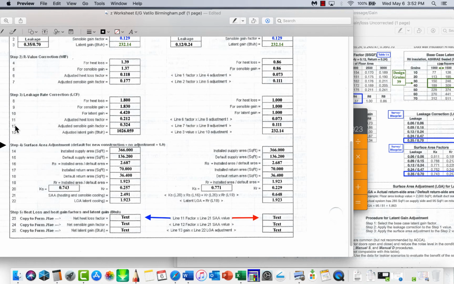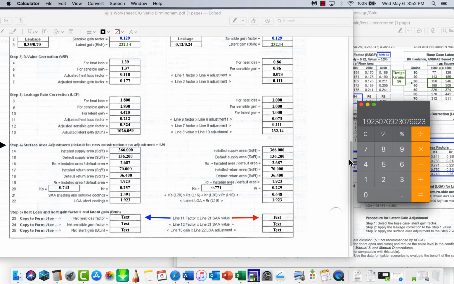Line 11's right up here, so 0.212 times line 21 SA factor. Line 21 SA factor is 2.491.